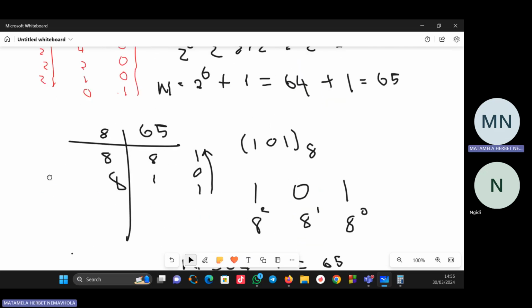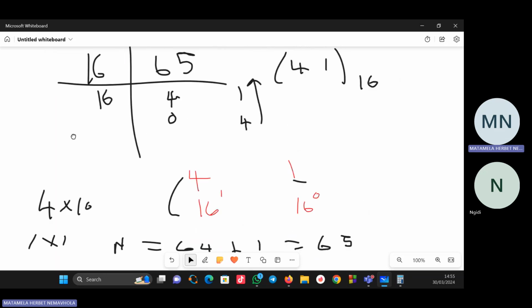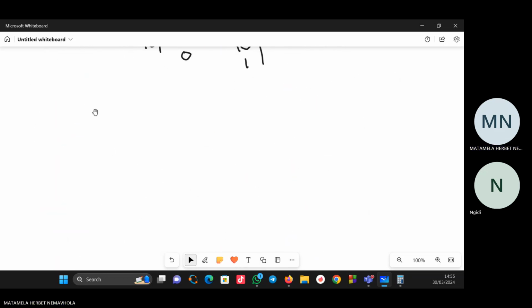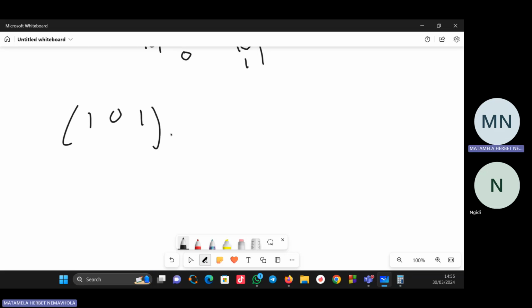In octal we got 101, right? Octal for 65 we got 101. Let's assume that you want to convert this number to hexadecimal. What are you going to do?